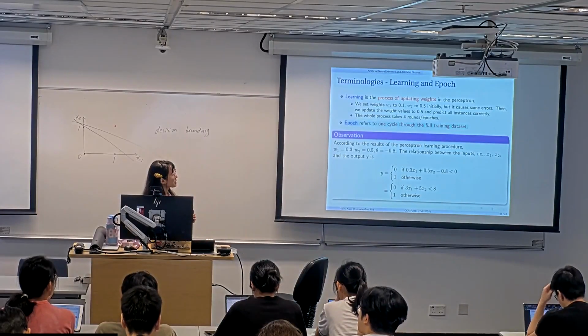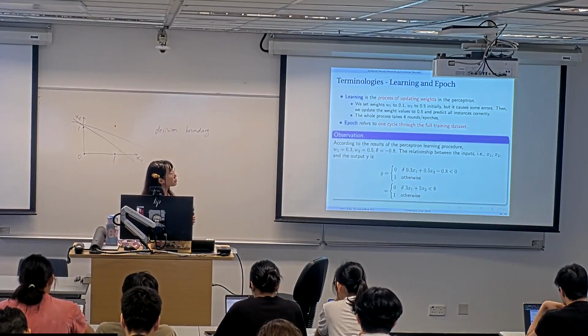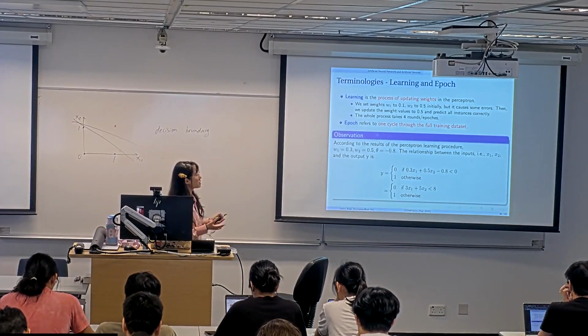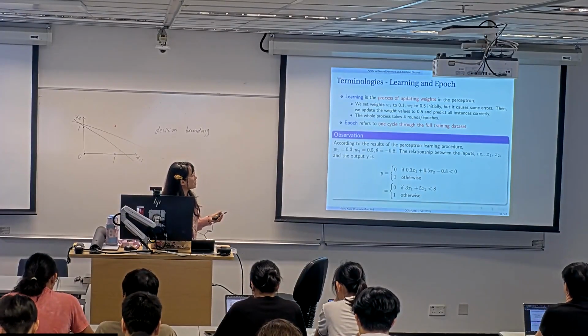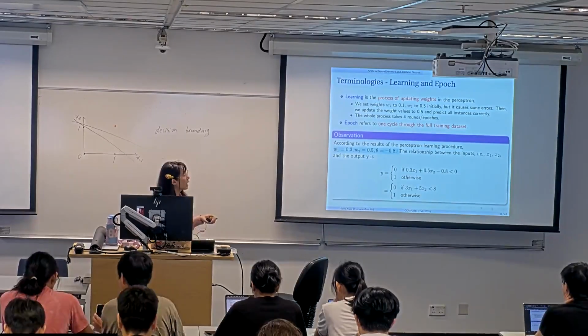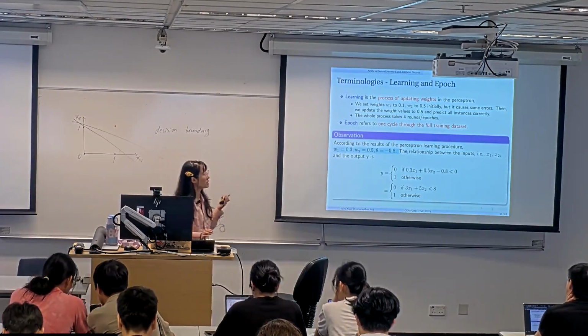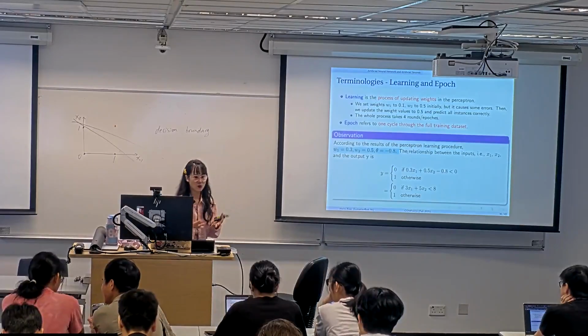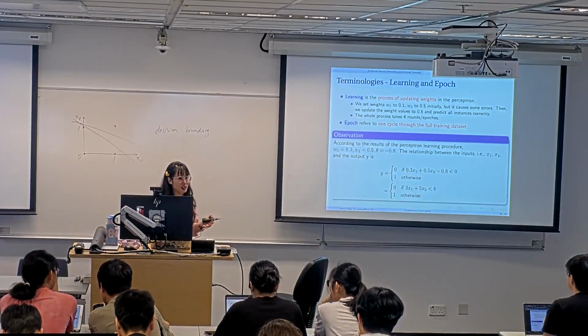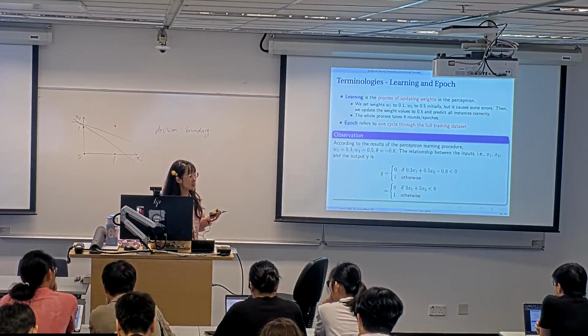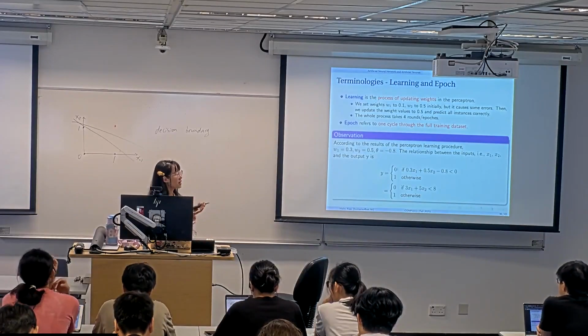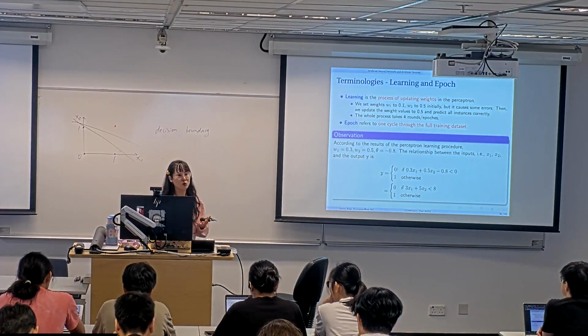Then we can further make some observations. According to the results of the perceptron learning procedure, finally we get the parameters like this. And the relationship between the inputs x1, x2, and the output y is like this, right? So y will be 0 if the binary step activation function is smaller than 0.